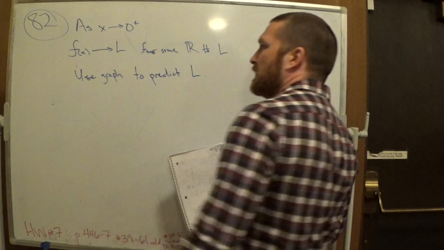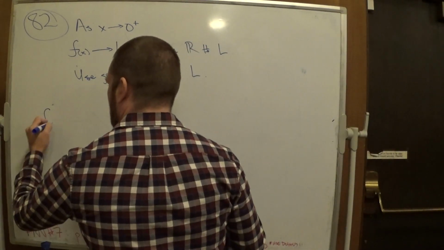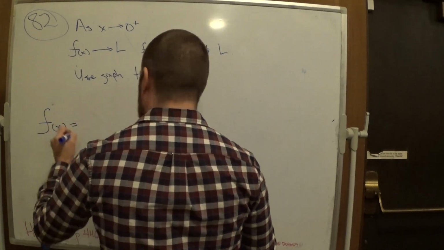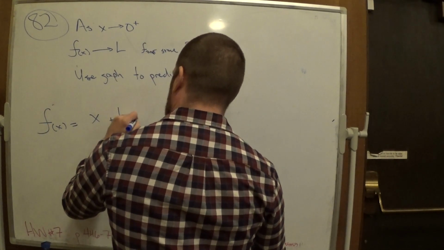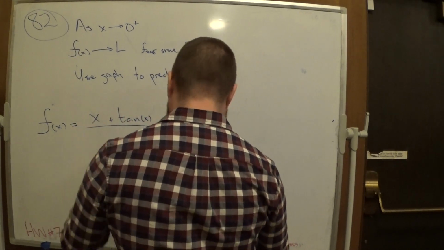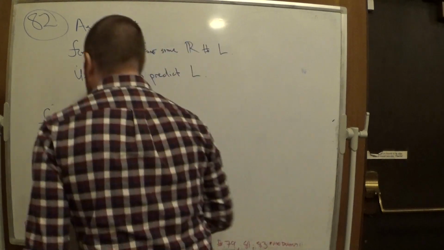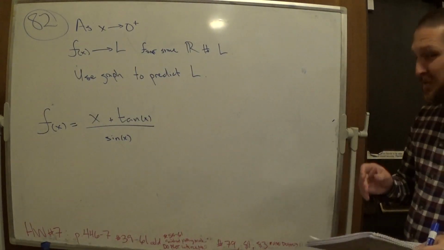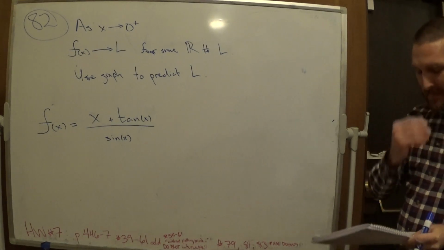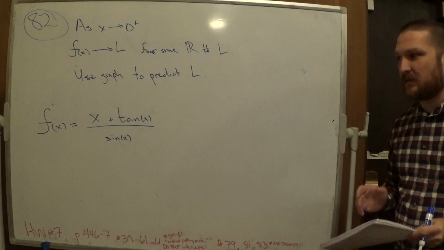In other words, they're going to give you a function. Here's one that they're going to give you. f of x is equal to x plus tan x over sine x. Now here's the thing. Just wait a second, because I want to talk about this. If you graph it, this becomes the easiest thing in the world.